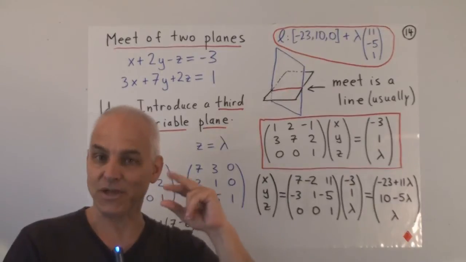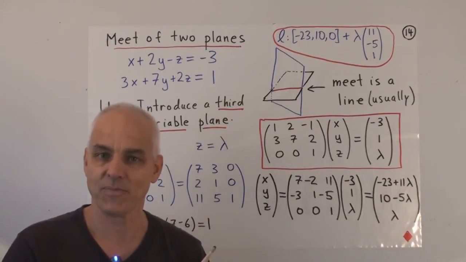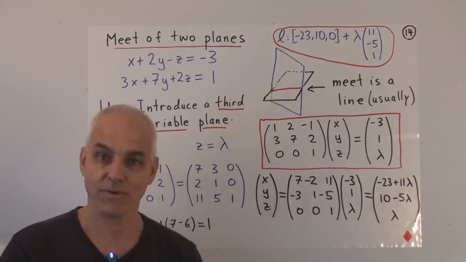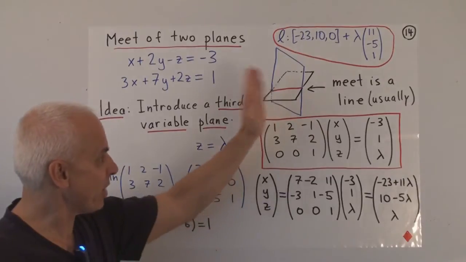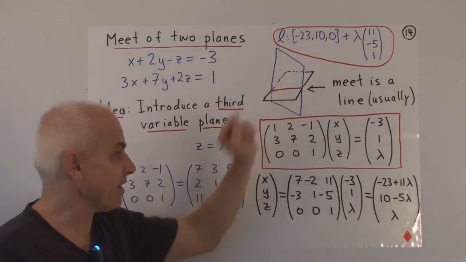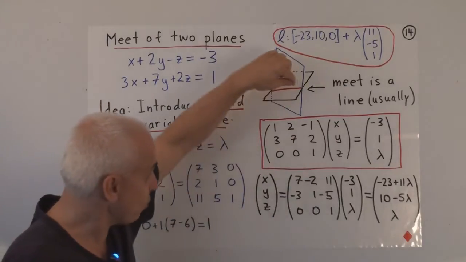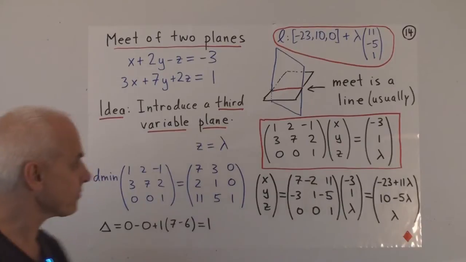And the advantage of using a third plane is that we know how to find the meet of 3 planes. That's what we've already done before. But we want to do it not just once, but twice, so that we can determine the line of meeting. We don't want just 1 point on the line, we need 2 points on that line to determine it.